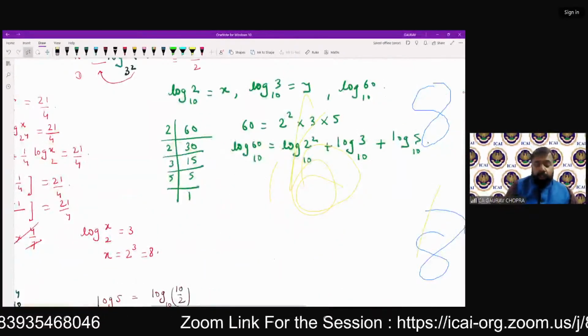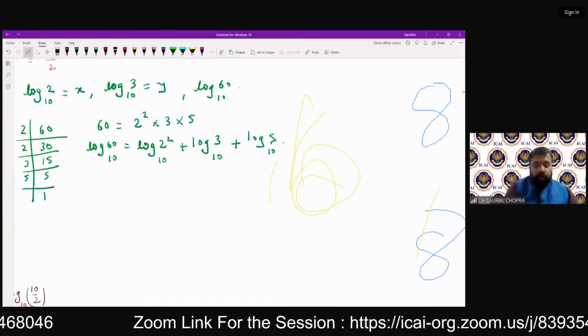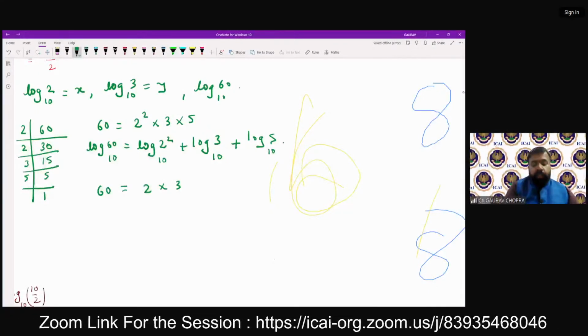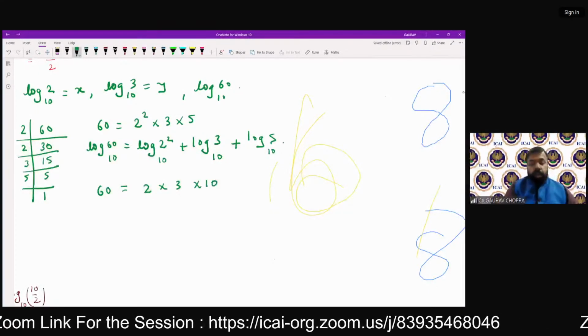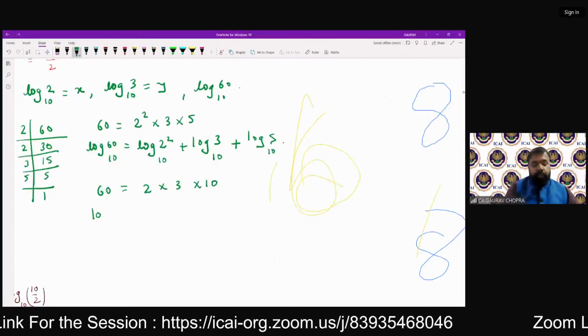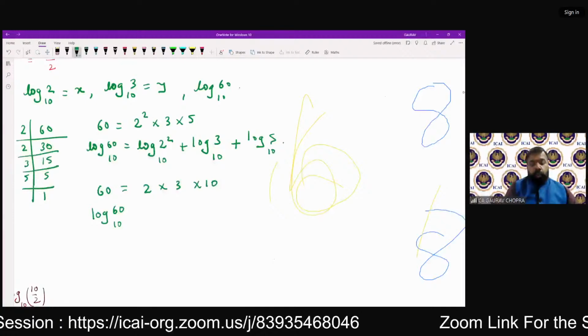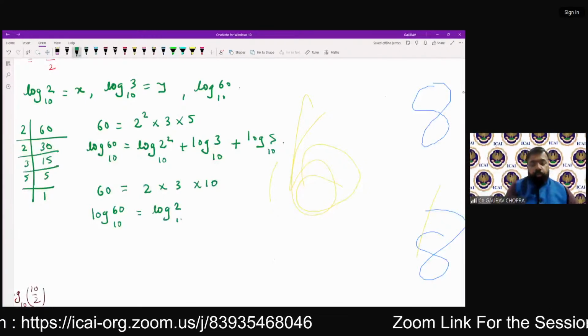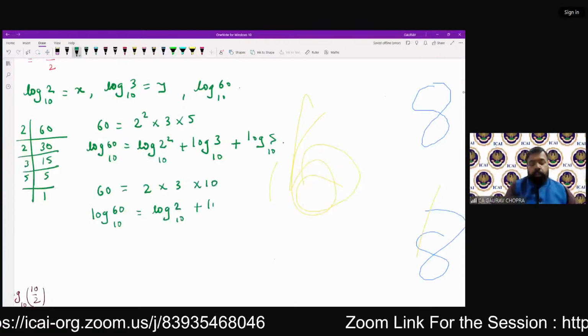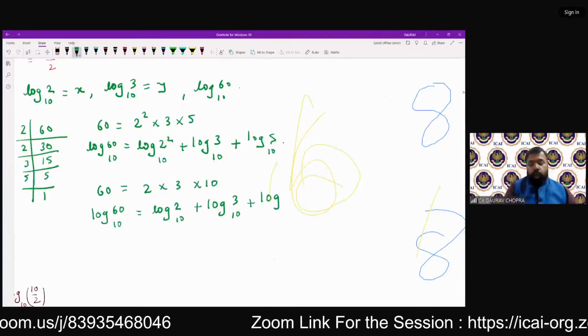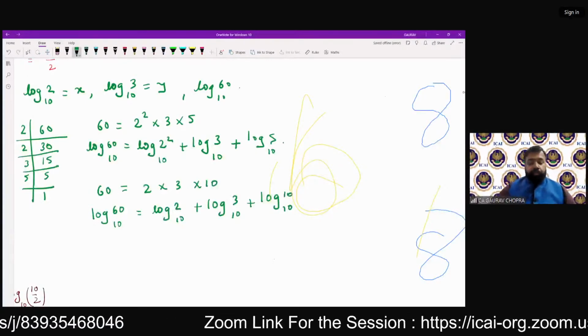So for that, you can arrange in a proper pattern. What you can write in one more pattern is 60 is equal to 2 into 3 into 10. Okay. So if you write in this pattern, it will become log 60 base 10 is equal to log 2 base 10 plus log 3 base 10 plus log 10 base 10.